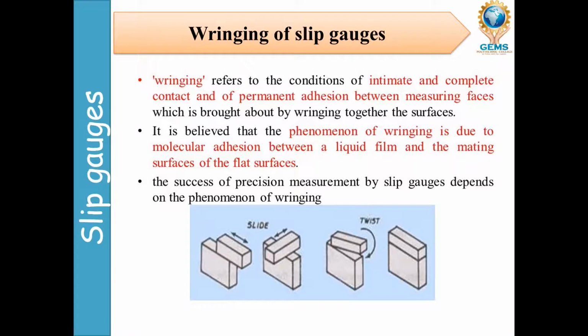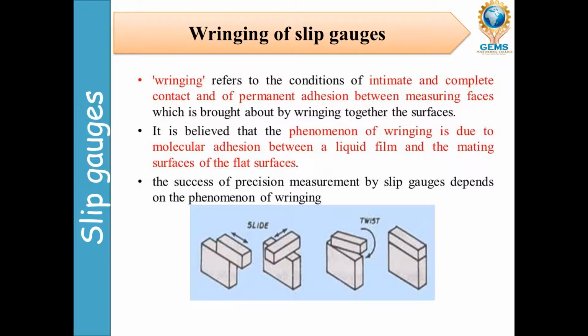So mainly molecular adhesion liquid film की वजह से हमारा रिंगिंग होता है. रिंगिंग माने दो स्लिप गेजेस को हम लोग अटैच करना. When we go to the laboratory, definitely we will see practically how the ringing process happens. The ringing is caused by molecular attraction between the surface and liquid film, partially by atmospheric pressure.